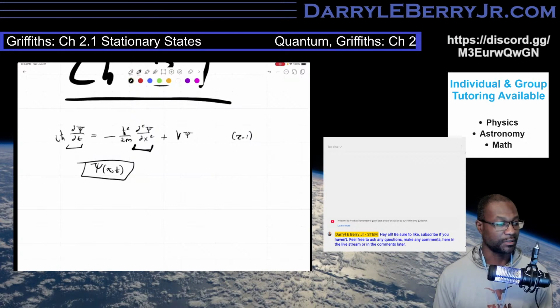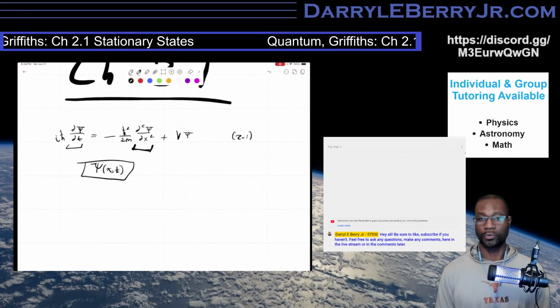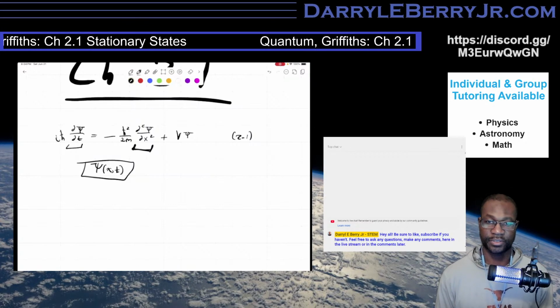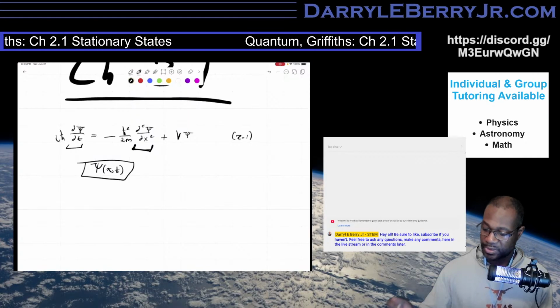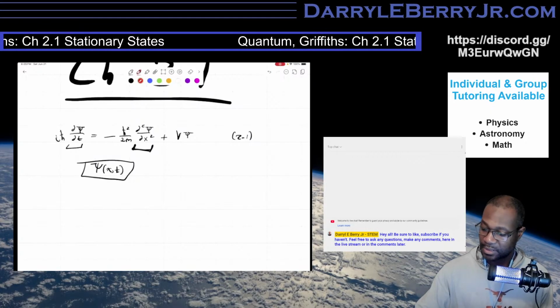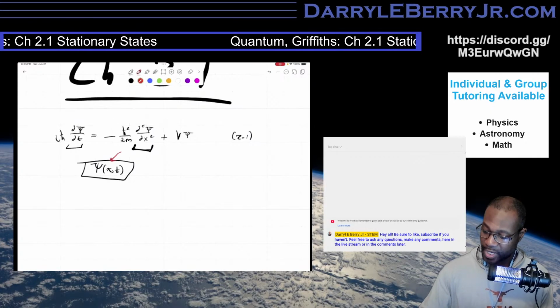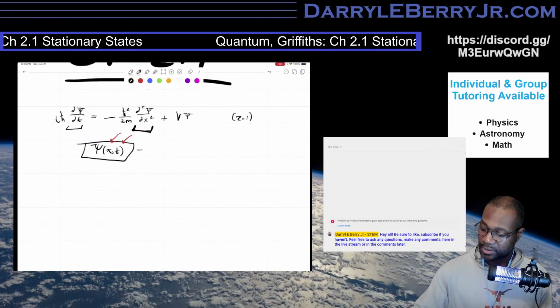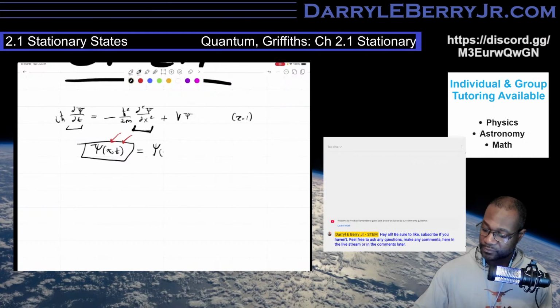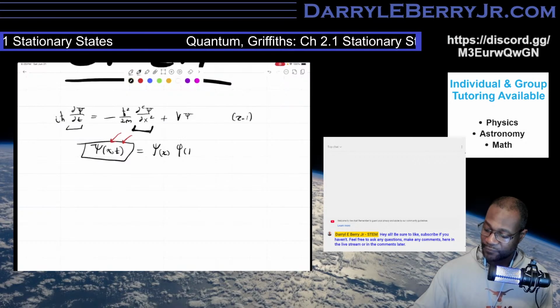And the process or trick or procedure that this section discusses is separation of variables. Separation of variables basically takes this function of two variables, x and t, and says we can write that single function as a function of x times a function of t.